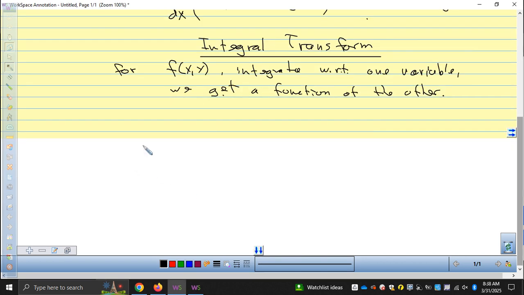If we have, we're going to form the integral from a to b of k of s t f of t dt. So f of t is the function we're interested in. We're sticking it into this integral where k is some function of s and t.